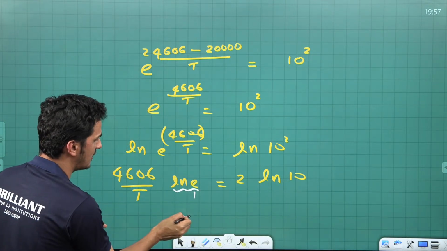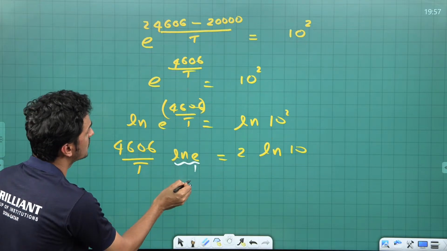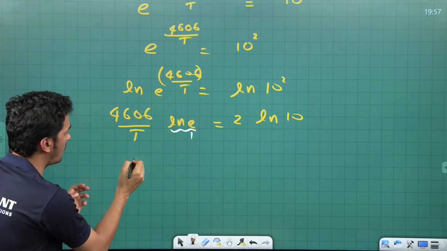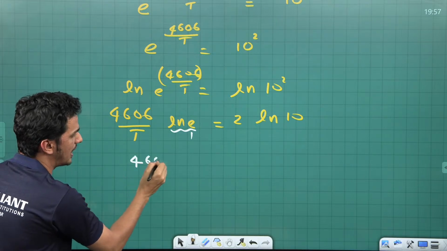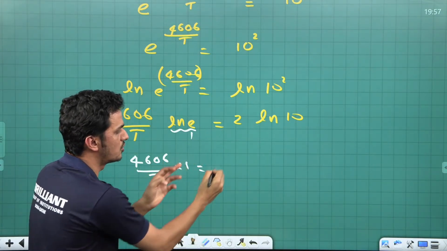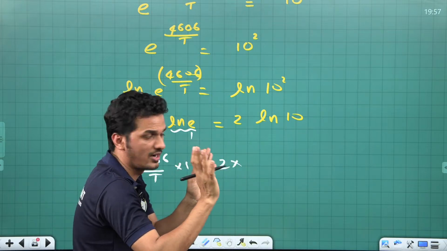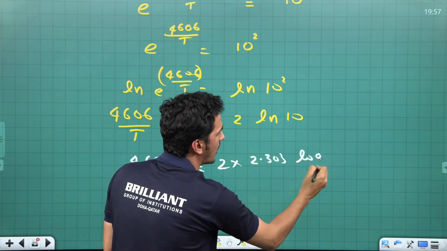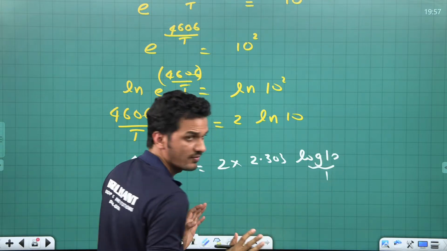So I can write, listen to me very carefully, 4606 by T into ln e, which is 1, equals 2 into ln 10. ln 10 is not 1; I can write ln 10 as 2.303 into log 10, and this log 10 is 1.